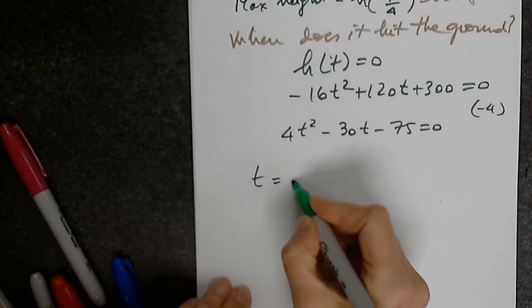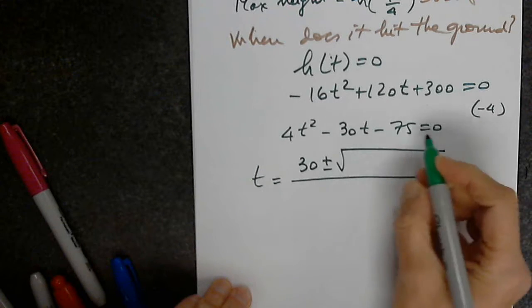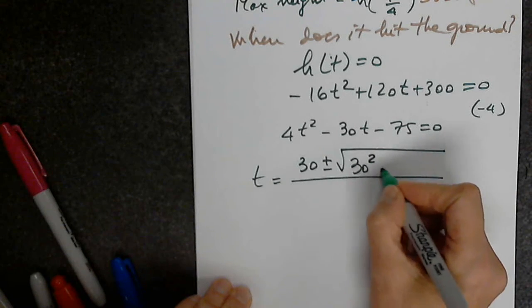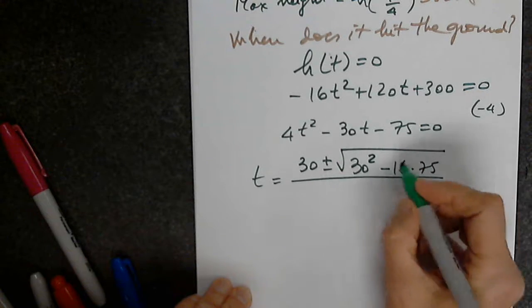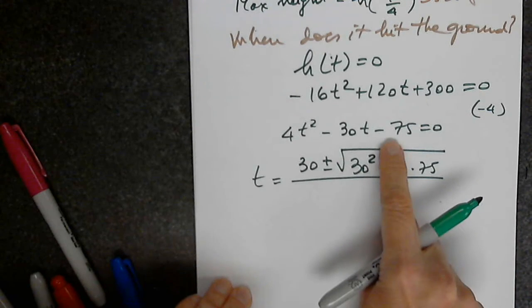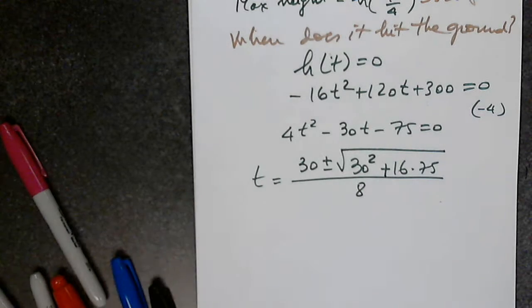So then t equals negative b plus or minus the square root of b squared minus 4ac. 4 times 4 is 16 times 75. I'm changing the sign because c is negative. Over 2 times a, which is 8. Again, back to the graphing calculator.